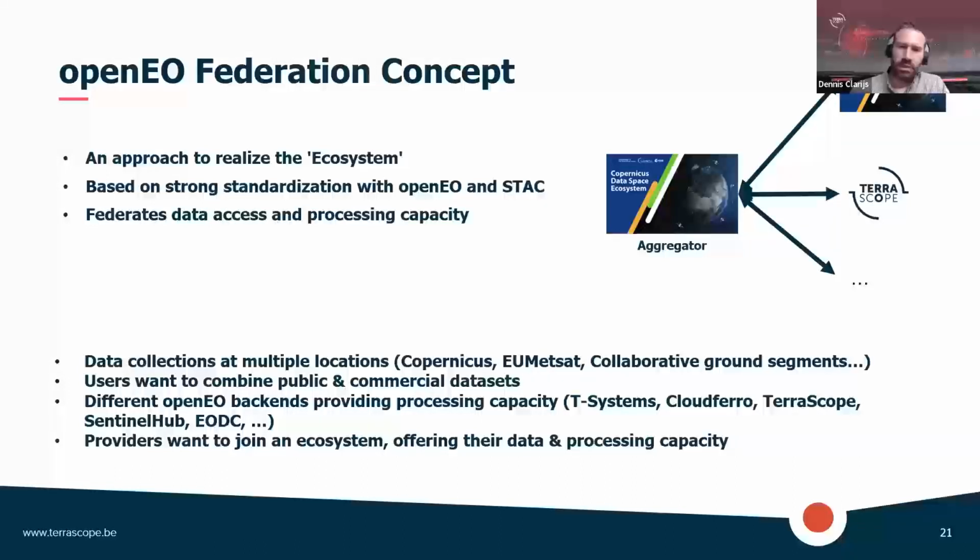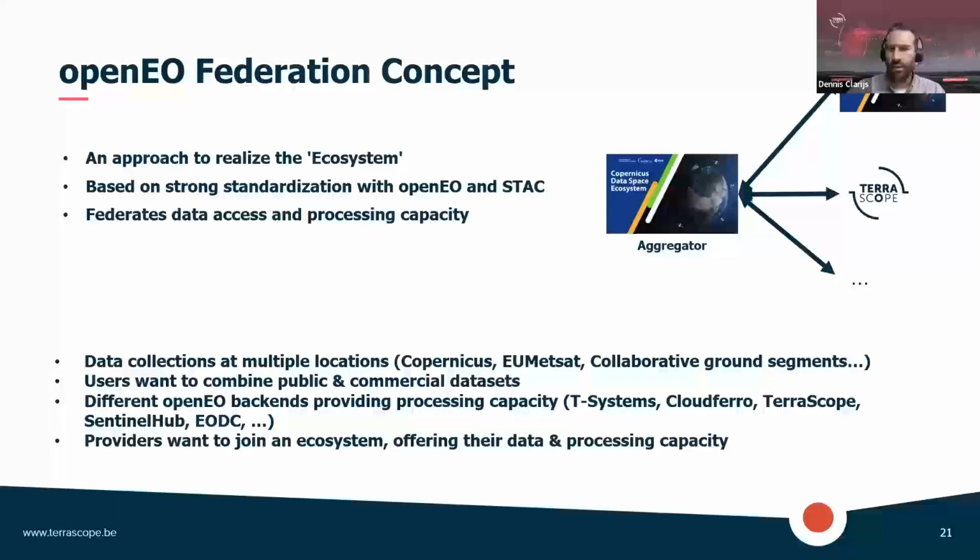What we see in Europe, next to this Copernicus data space, is that there are plenty more platforms that have additional data sets, like we have for Terrascope, but also at EUMETSAT and other collaborative ground segments. In Germany and France, for example, they have other interesting data sets, and they want to make sure that these data sets can be used as well through this federation.